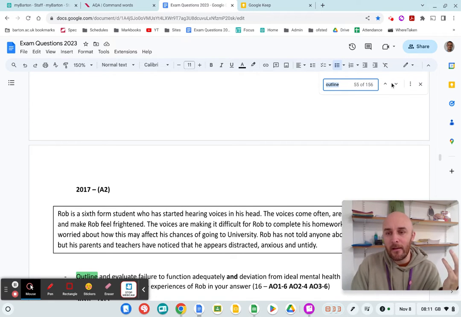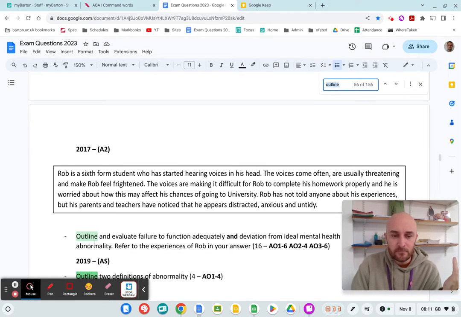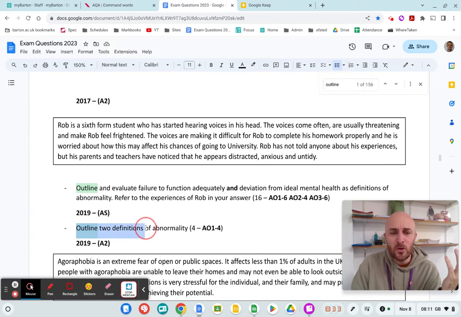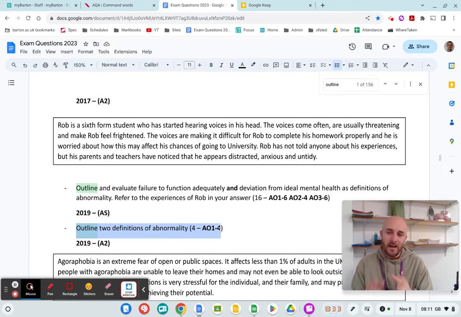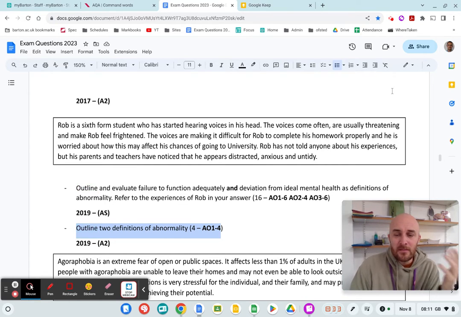Does come up obviously, but outline 2 definitions for 4 marks. Outline means just to give the main characteristics. You're not describing. It's a lesser form of description. Of course, if you do describe when you're asked to outline, you'll probably get the marks anyway. But describe outline is actually quite common.